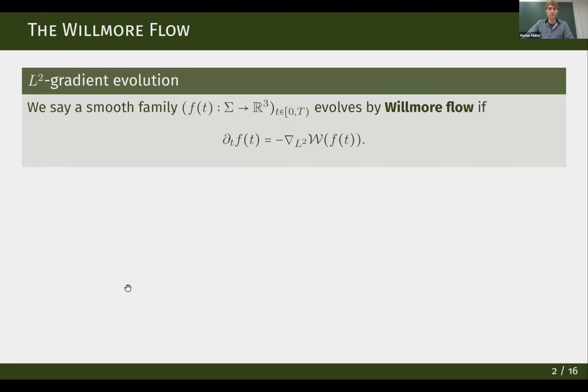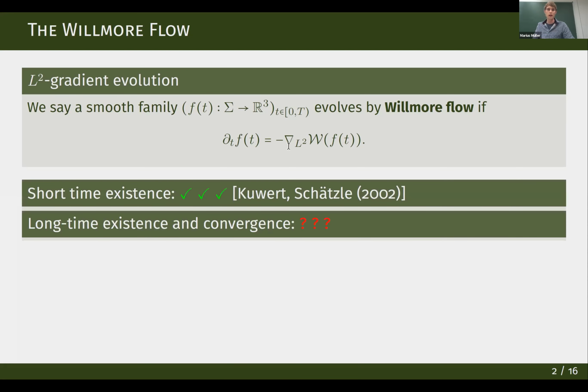All right. So now, what is the Willmore flow? The Willmore flow is the L2 gradient flow of the Willmore energy, and we impose that we always have a smooth evolution by this gradient flow in the direction of the negative gradient. And first of all, of course, one should ask whether such an evolution exists, but short-time existence is somewhat standard.